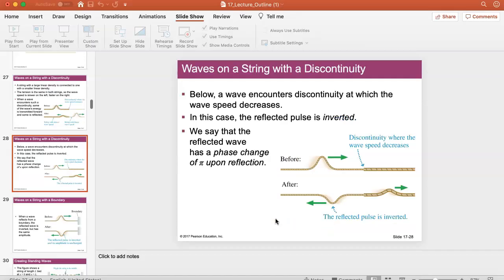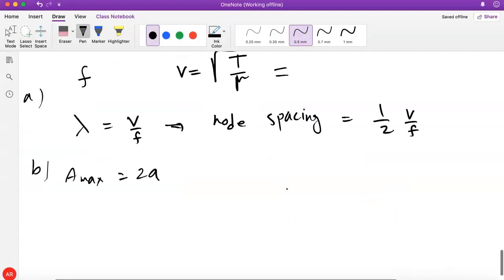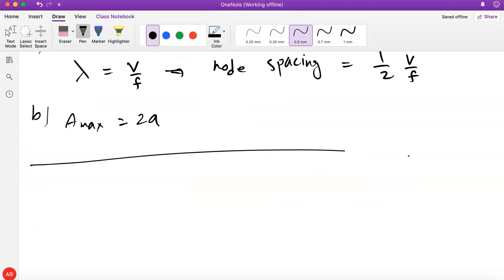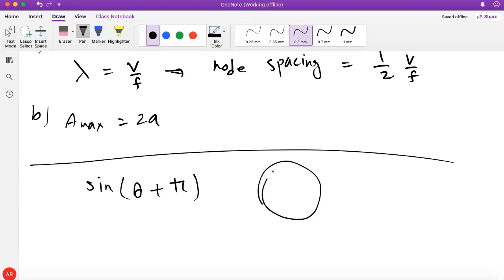The reason is sine of any angle plus pi: if you have some angle theta here, that's the sine, and that's the cosine.